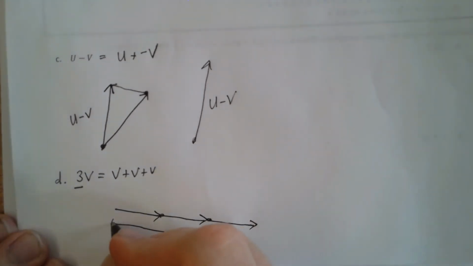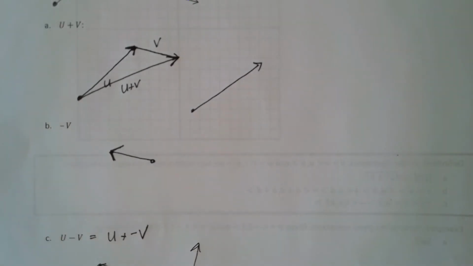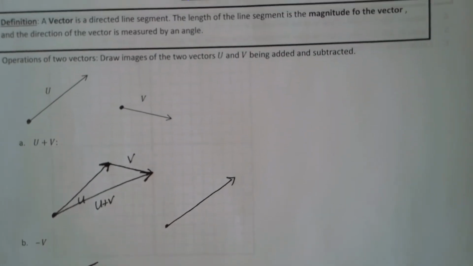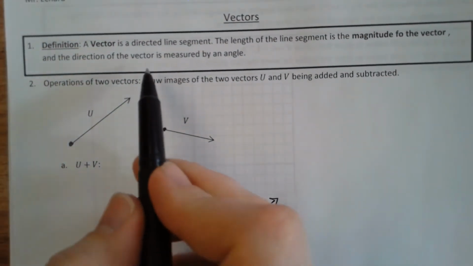Now, it's important to note that I didn't draw any of these vectors on a coordinate plane. The reason why I didn't draw these vectors on a coordinate plane is because vectors don't have any specific location of where they start to where they end. Some of them may be defined that way, but the vector is nothing more than two specific definitions. It's the magnitude tied with a direction.